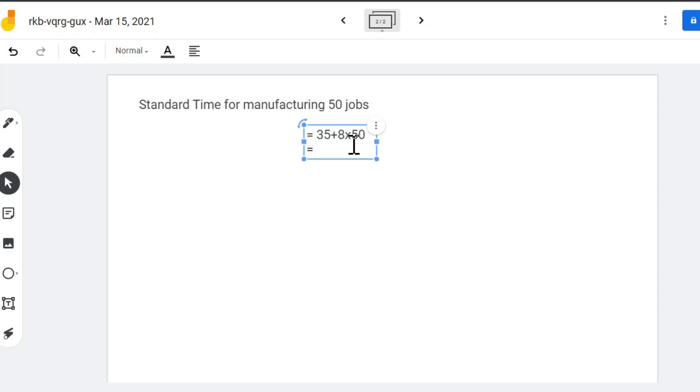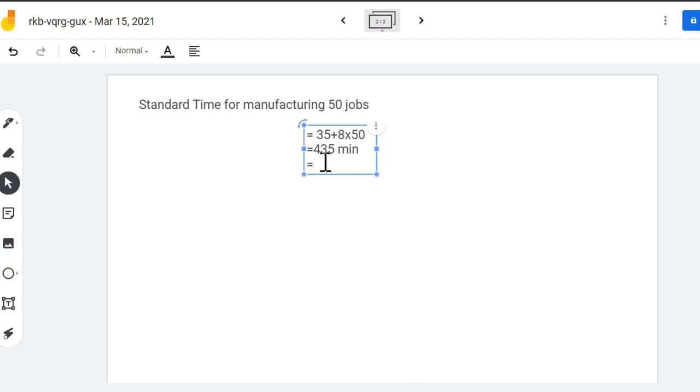400 plus 35 is 435. Okay, that's 435 minutes. Now let's convert it into hours. The problem says 6 hours and 30 minutes.